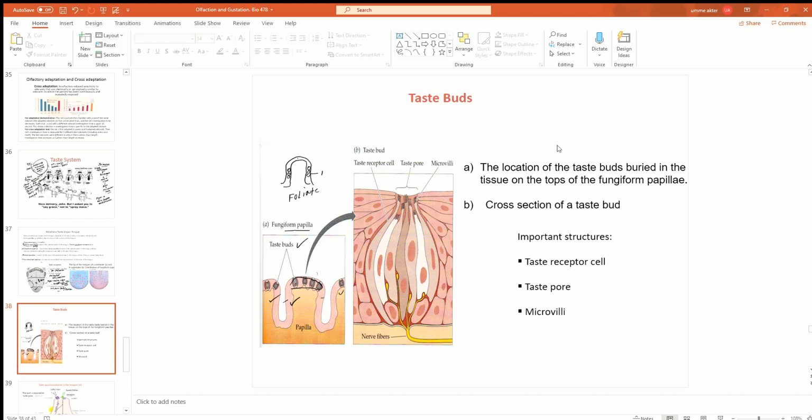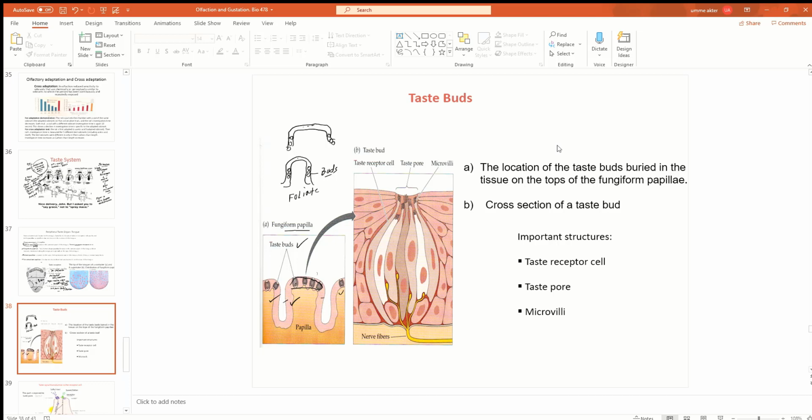Okay, so these are the buds. And circumvallate is much bigger, and same way in circumvallate we see the taste buds are located not on the top or upper surface, but at the lateral sides, both sides. Okay, so this is how the taste buds are located.